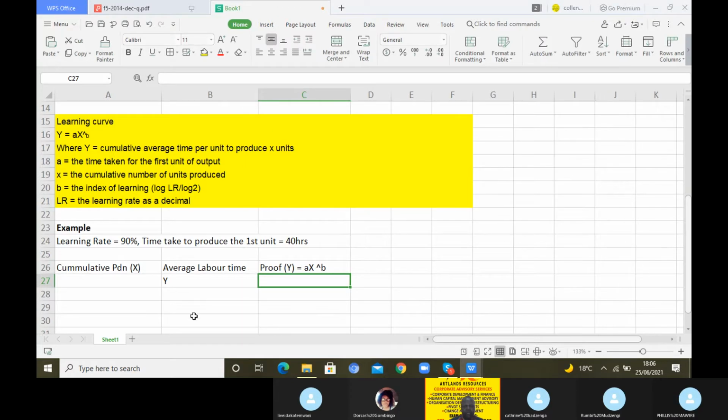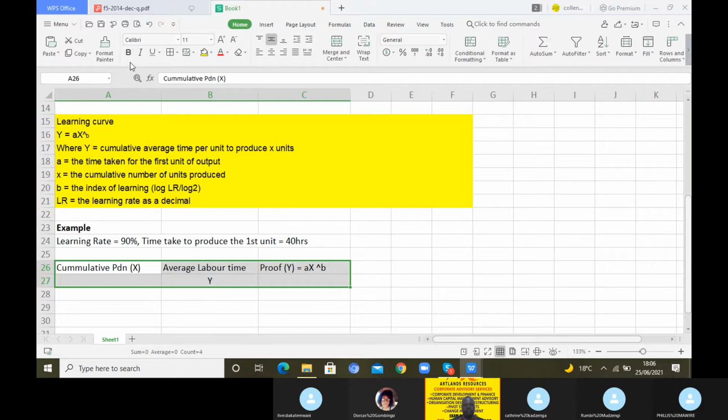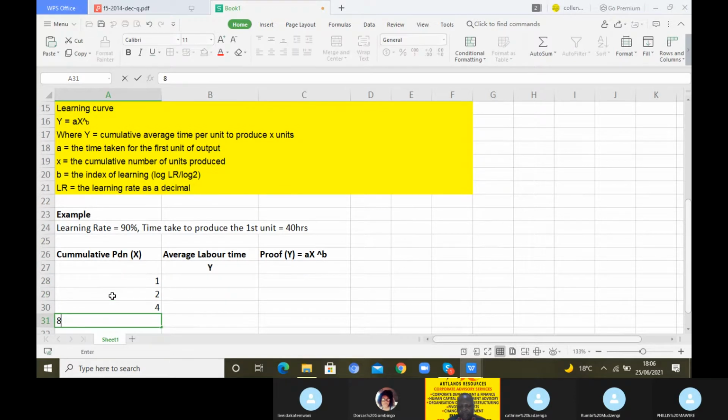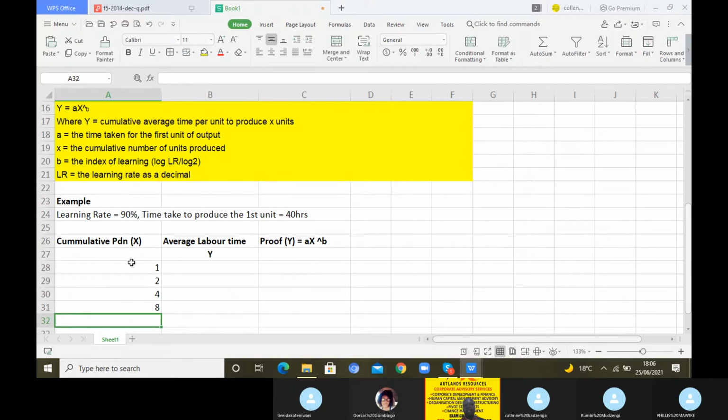I don't have my calculator in here, but I would ask you to calculate it and prove it to me. Now, are you not seeing what we are doing? We just want to see if the learning curve theory holds true. So learning curve theory says if cumulative production is doubled, like 1 times 2 equals 2, times 2 equals 4, times 2 equals 8, for example, this is what we refer to as doubling of cumulative production.